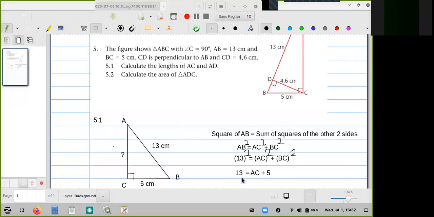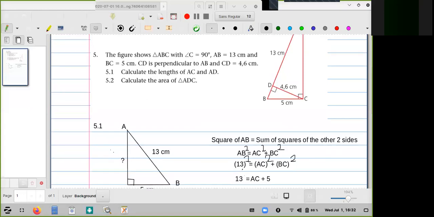Then what is 13 squared? I'm going to simplify that and I'm substituting BC here, which is 5. Then let us now put the squares here, which means we are looking at 13 squared.